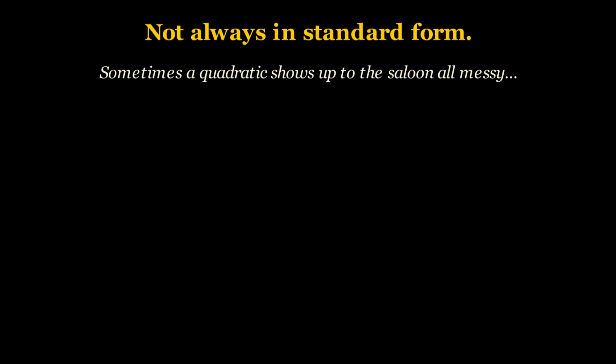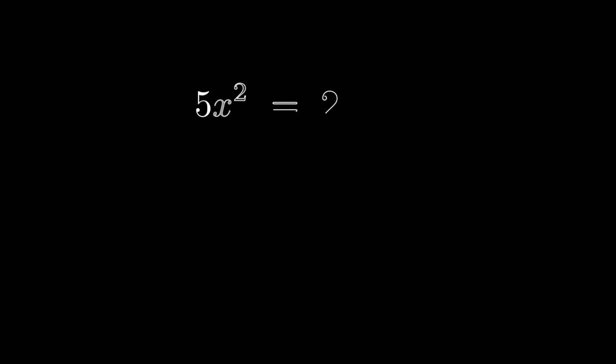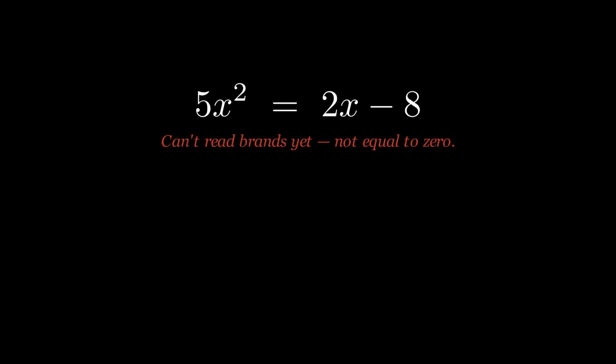Round 4. The sneaky ones in disguise. This is where greenhorns get throwed off their horse. Sometimes a quadratic shows up to the saloon all messy, ain't even in standard form yet. Your job, shove everything to one side so it equals 0. Then read the brands. Take 5x squared equals 2x minus 8. Can't read ABC yet.